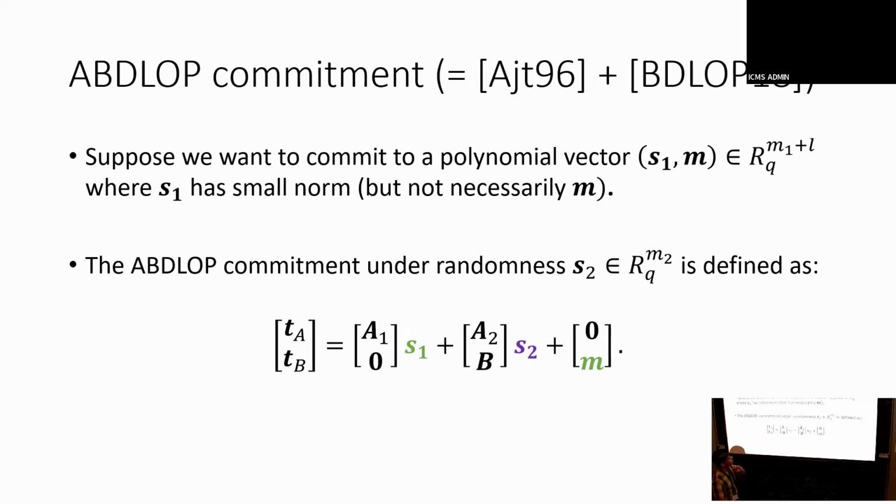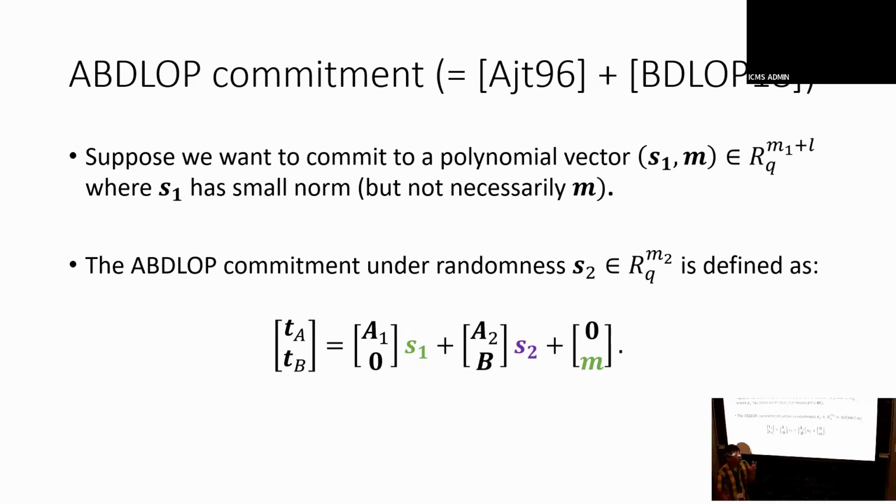If you just look at TA, then A1S1 plus A2S2 is exactly the Ajtai commitment that we had in the previous lecture, binding and so on.